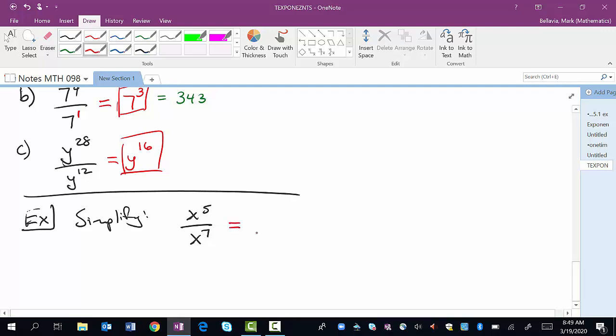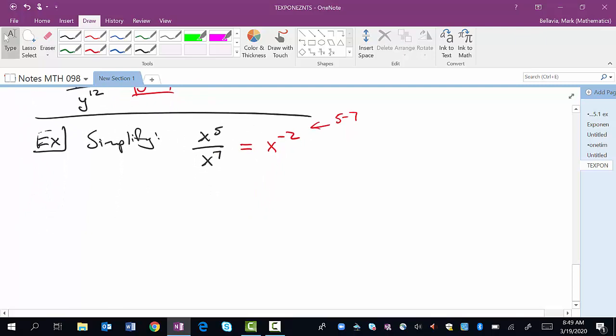According to our rule, the base is x, the base is x, the base would stay x. And then when we do subtraction, remember, you always have to do the one that's in the numerator minus the one from the denominator. So it's 5 minus 7, which gives us a negative 2. So we get x to the negative 2, again, because we're doing 5 minus 7. The order matters. So if we have x to the negative 2, that's fine. We haven't had a negative exponent before here.